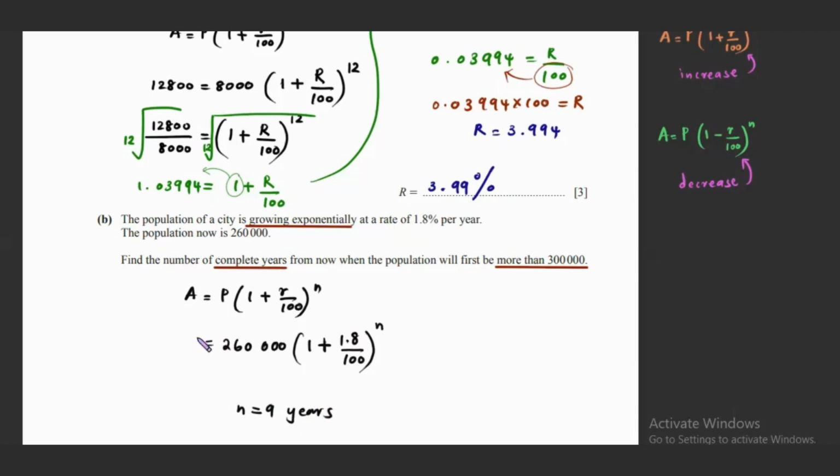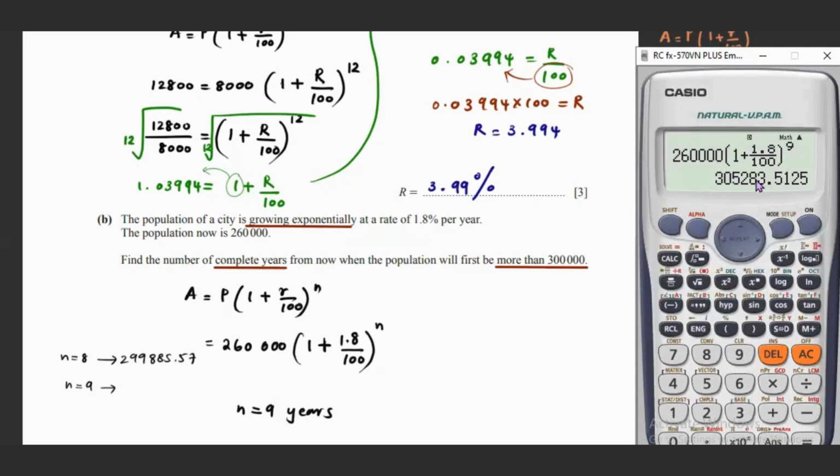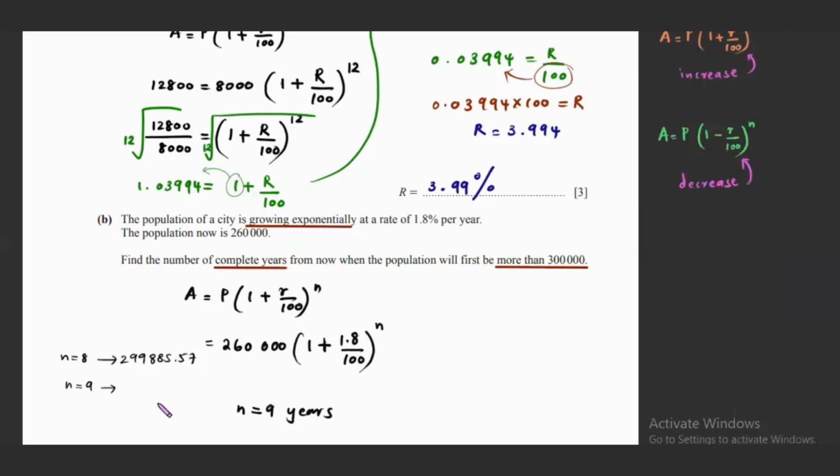So when n was equal to 8, we got around 299,885.57. But when n was 9, the value that we ended up getting here was 305,283.5125. So I'll write it as 51. This is when it exceeds 300,000. So that's going to be 9 years. So this is what we are supposed to do.